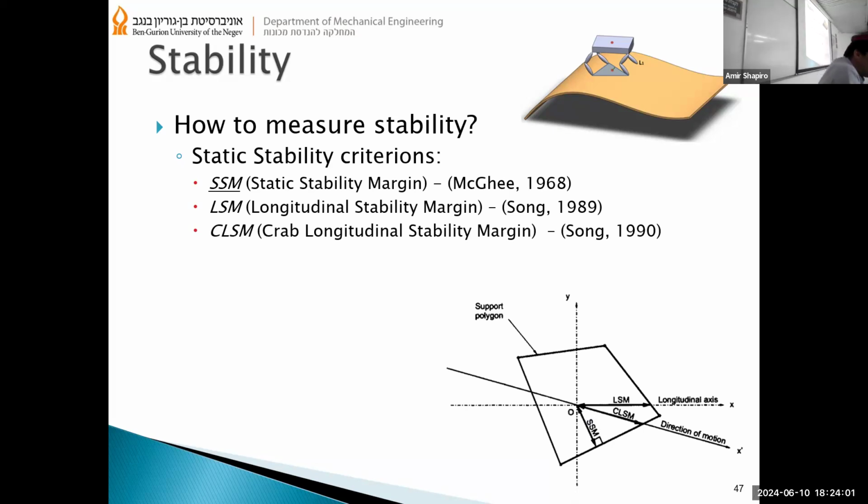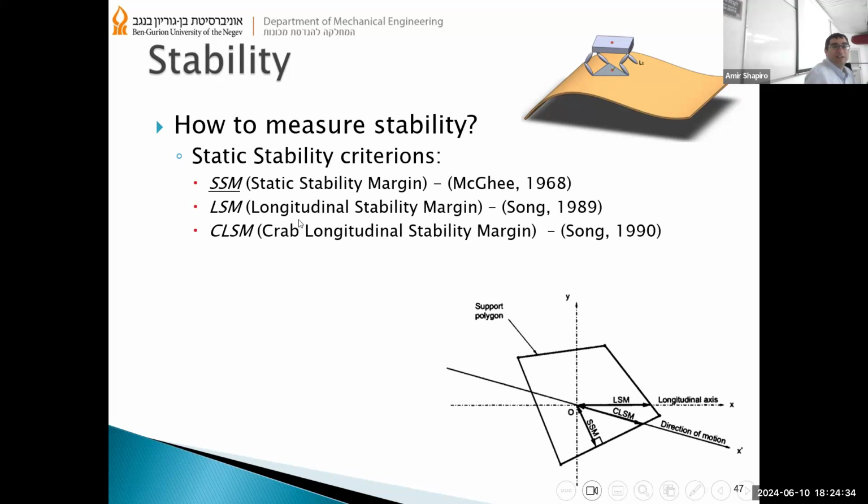In order to maintain balance, we need the center of mass to be above the support polygon, not necessarily in the center, just inside. Just inside is enough. But if you are right on the boundary, every small motion will cause it to tip over. So this measures how much the center of mass is inside the polygon.